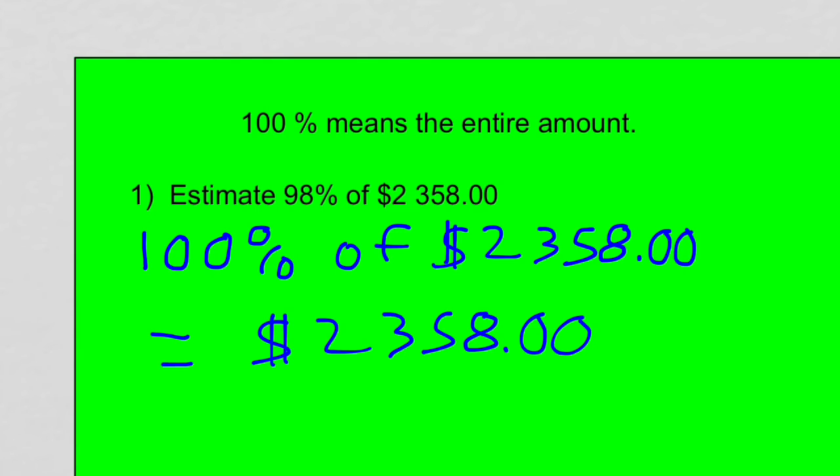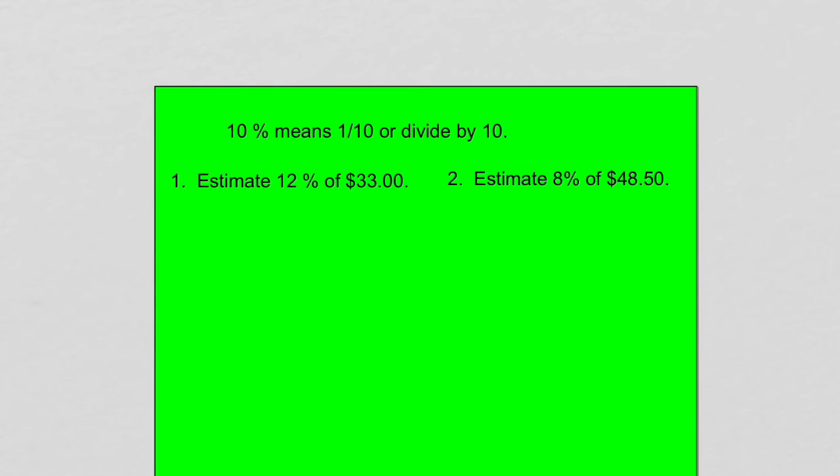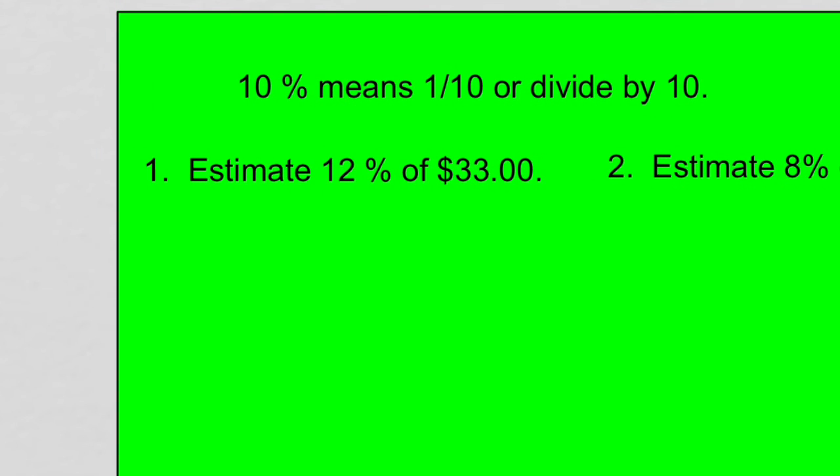Okay? But there is 1% that is like the most important percent. And it's the percent we can use for everything. And that is 10%. 10% means 1/10 or divide by 10. So, couple ways we can look at this. Going with the idea, we want to make this as simple as possible.